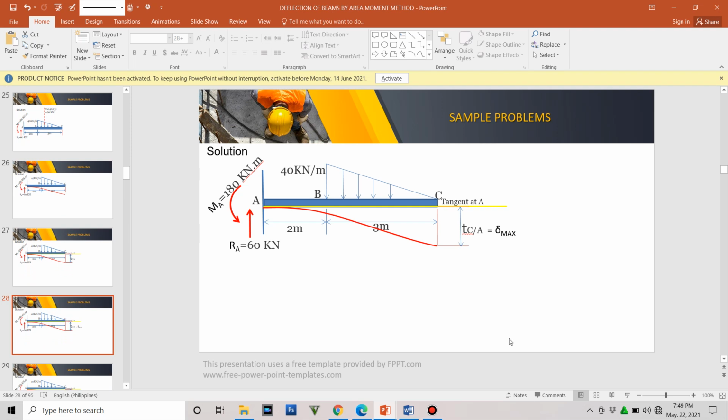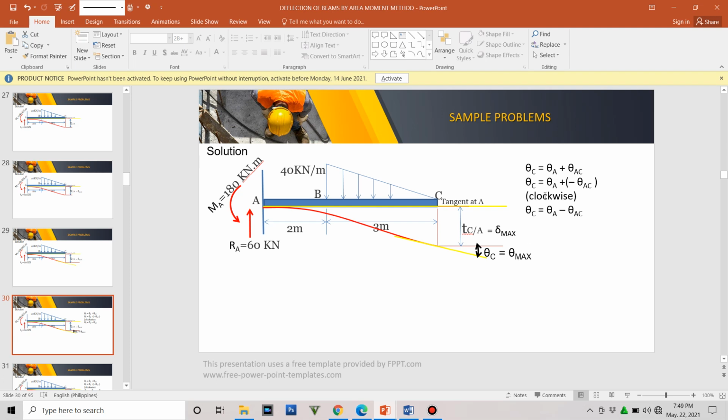So, deviation at C with respect to the tangent at A is equal to the maximum deformation. Similarly, at this end, if we construct another tangent line, that is where the maximum slope is, because here it is 0. From here, it goes upward until the end, where the maximum slope or maximum rotation is also found.